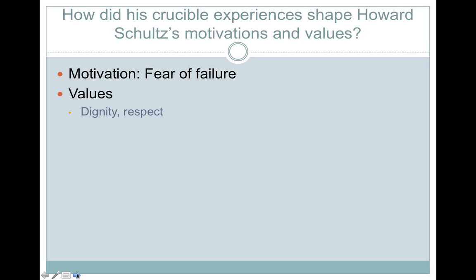So Howard came away from that experience feeling like what he wanted to do was to make sure that people who work at Starbucks feel that they are respected and that they have dignity. And he also wants people who come into Starbucks stores to feel that they have dignity and that they are respected.